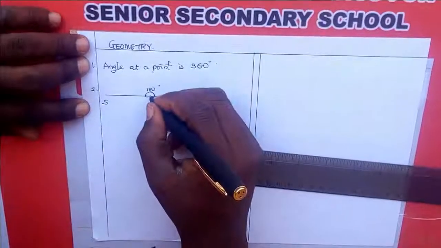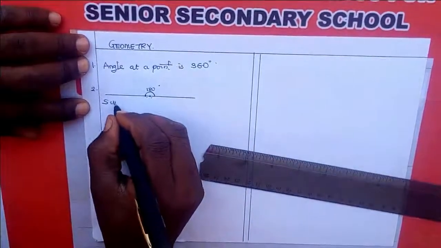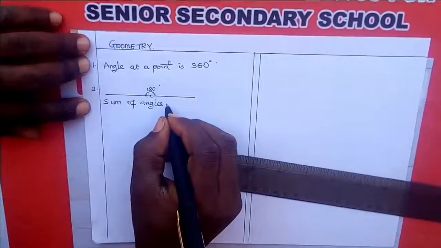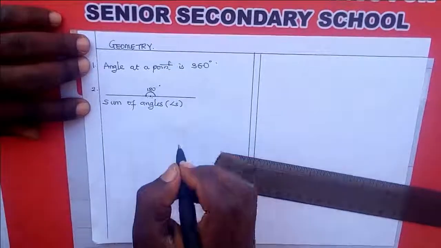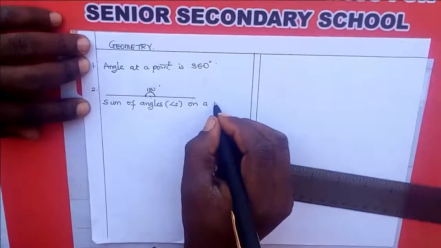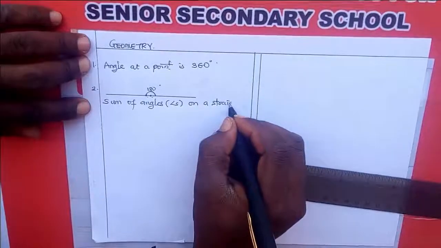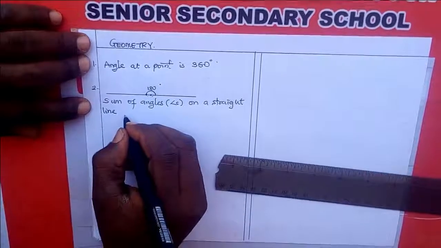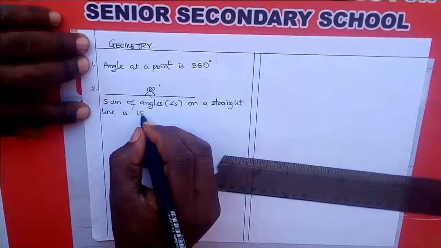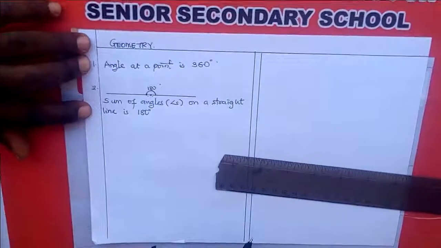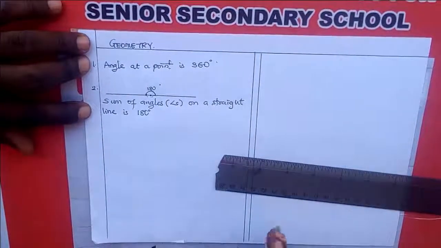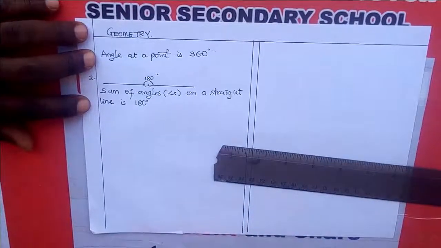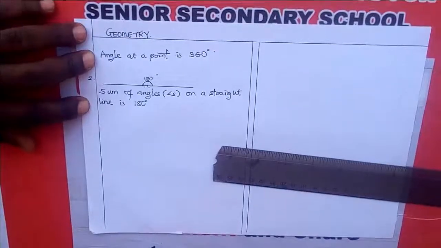In case you are given some angles drawn from it, you say sum of angles on a straight line is 180 degrees. Some people say supplementary, you still mean the same: sum of angles on a straight line is 180 degrees, or angles on a straight line are supplementary.